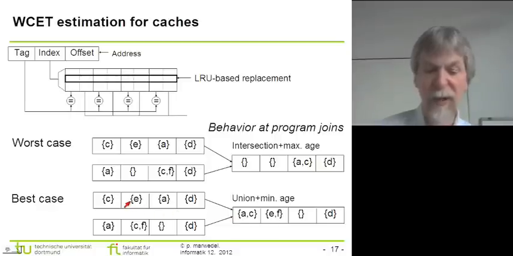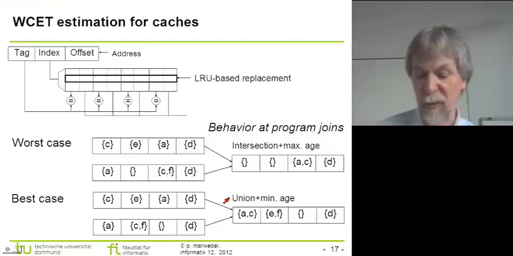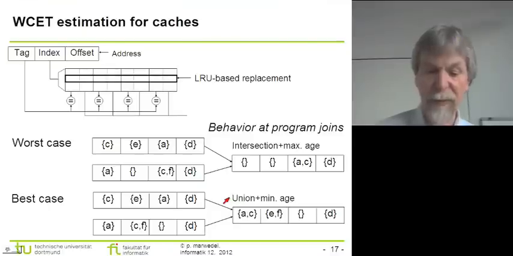And for the best case in general, it's sufficient if one particular variable is present only in one of the two program paths. And the best case corresponds to the minimum of the ages. So in order to figure out what is the situation after the program join, we have to compute the union of the variables and compute the minimum of the ages.